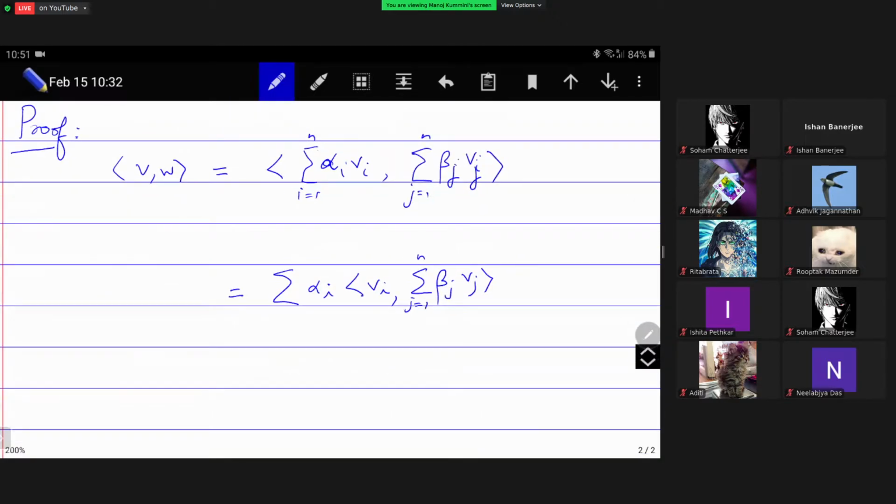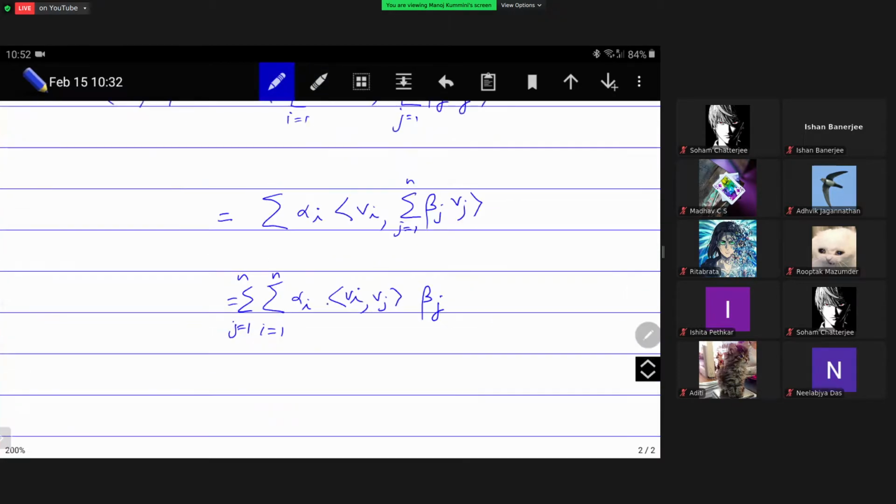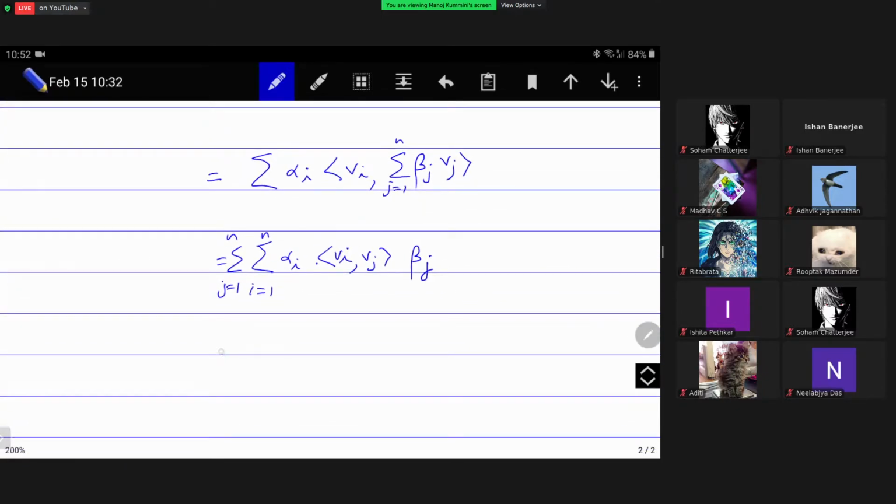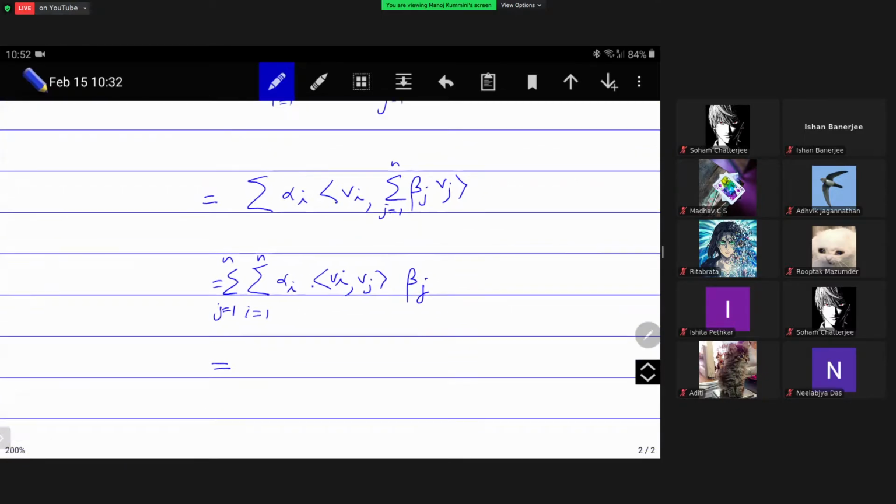Now expand with respect to the second factor. So this is the sum from i goes from 1 to n, outside sum j goes from 1 through n, alpha i beta j vi vj. Maybe it is convenient to write it here on the side, and if you work it out, this is exactly this right hand side.